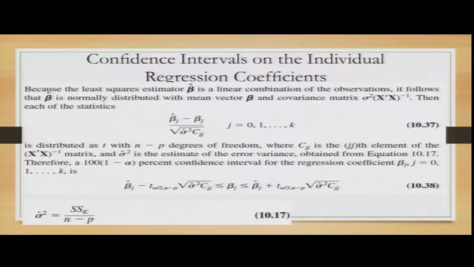Now, if you want to consider the interval estimation of the individual regression coefficients, because the least squares estimate beta hat is a linear combination of the observations, it follows that beta hat is normally distributed with mean beta, according to the concept of unbiasedness, and covariance matrix, if you remember, of the betas.